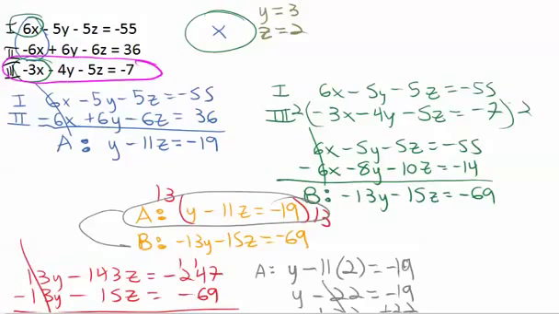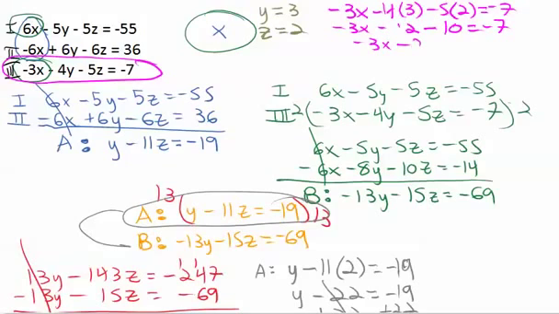So I'm going to do equation 3, which is negative 3x minus 4y, y is 3, minus 5z, z is 2, equals negative 7. And so just multiplying, that's minus 12 minus 10 equals negative 7, or negative 3x minus 22 equals negative 7.